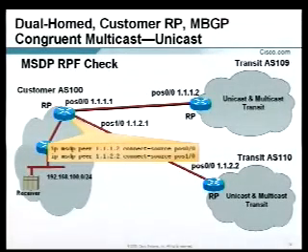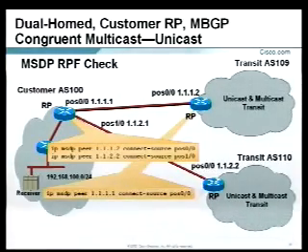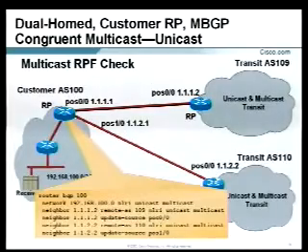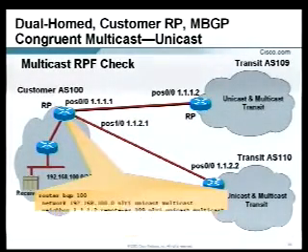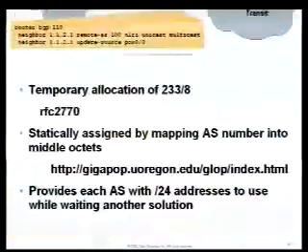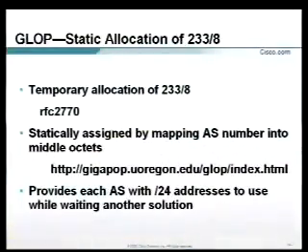That's what will be used to do the winning of the RPF check for MSDP. And same is true for the multicast packets, which is, again, a different RPF check. Once they start coming in, whatever's the best path will be the one chosen for the RPF check. So there's a variety of examples. I kind of flew through those, but hopefully that gives you an idea of the deployment options, and we'll continue to talk about some more here. I've got to fly a little bit, but we're not doing too bad with time.